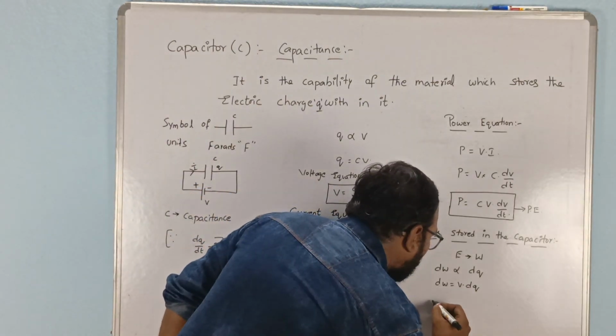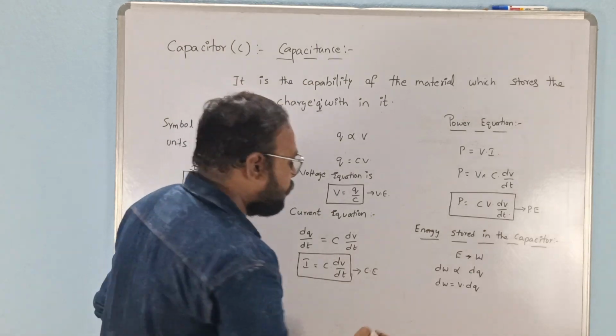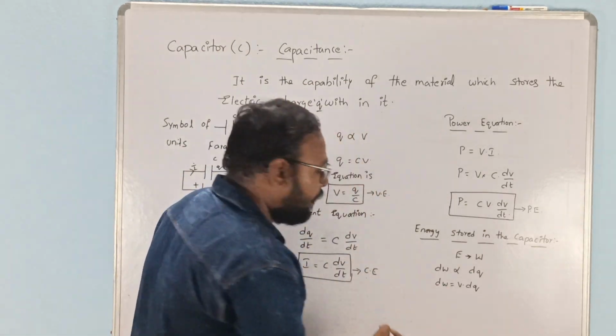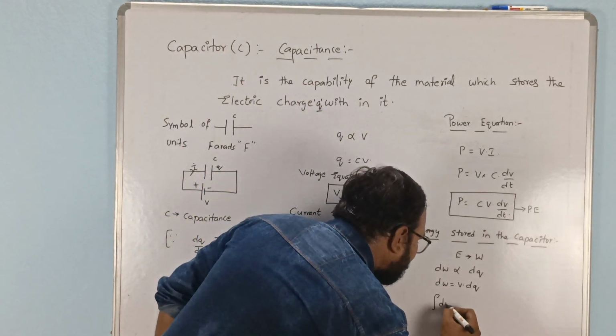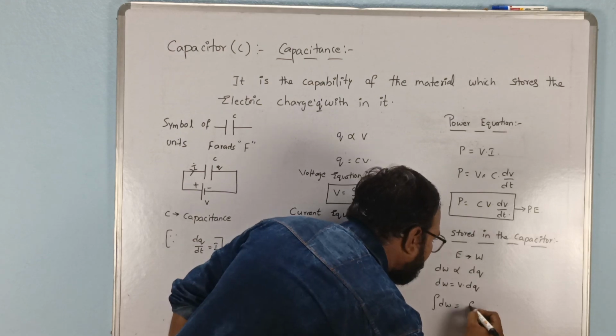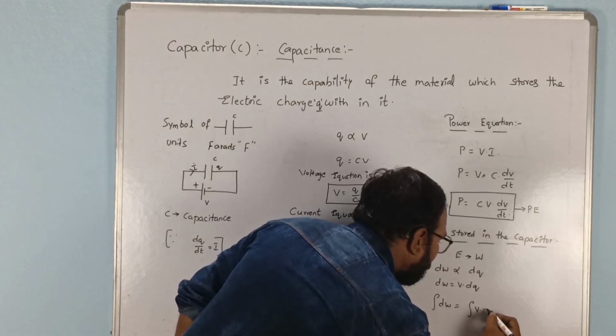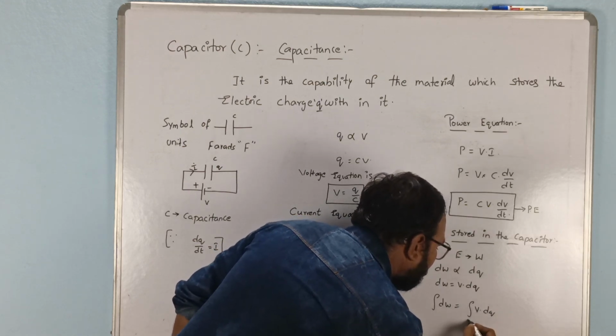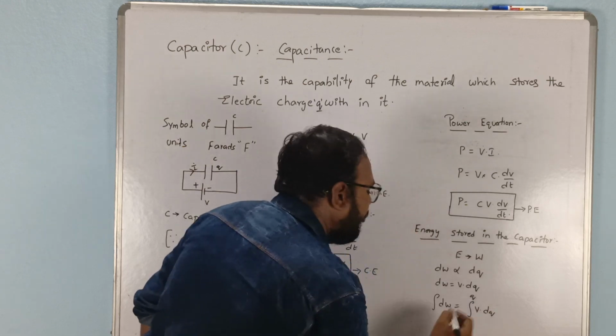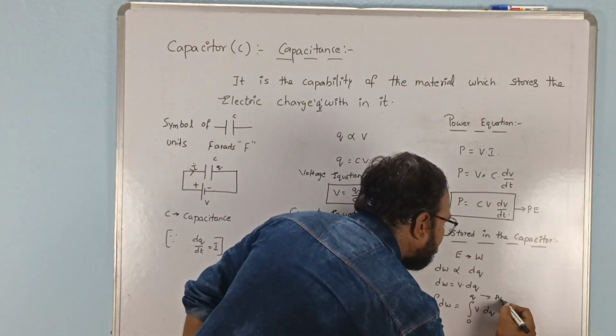So to get the work, we integrate: dW is equal to the integral of V into dq from 0 to Q, applying the integral on both sides.